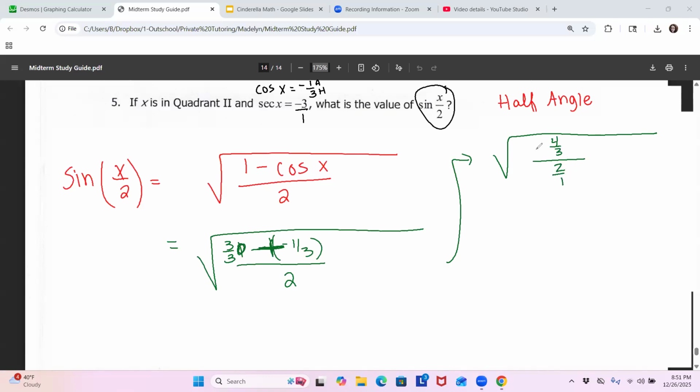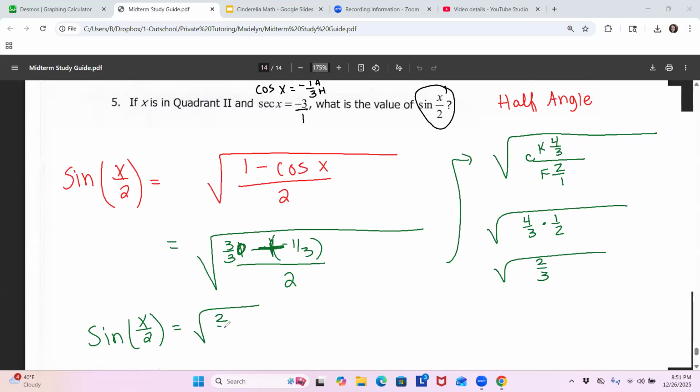Let's put this over 1. Keep, change, flip. So we would have 4/3 times a half, so that's 4/6, which reduces to 2/3. So if your teacher is not uptight, I would just say final answer, sine of x over 2 is square root 2/3.